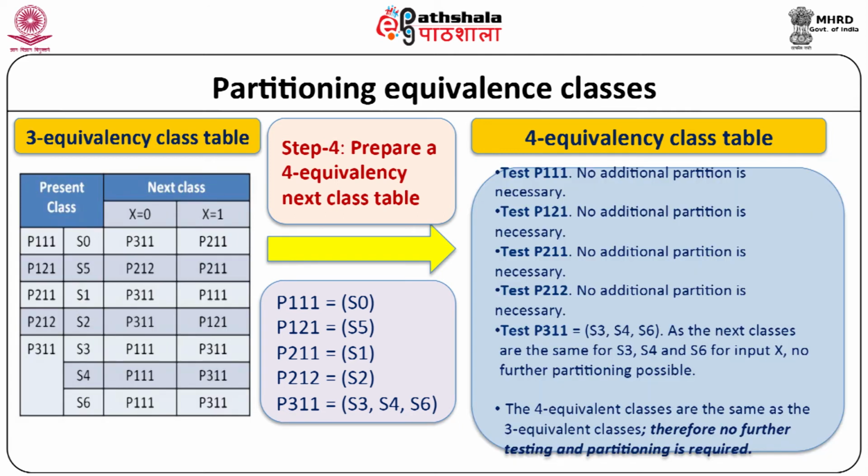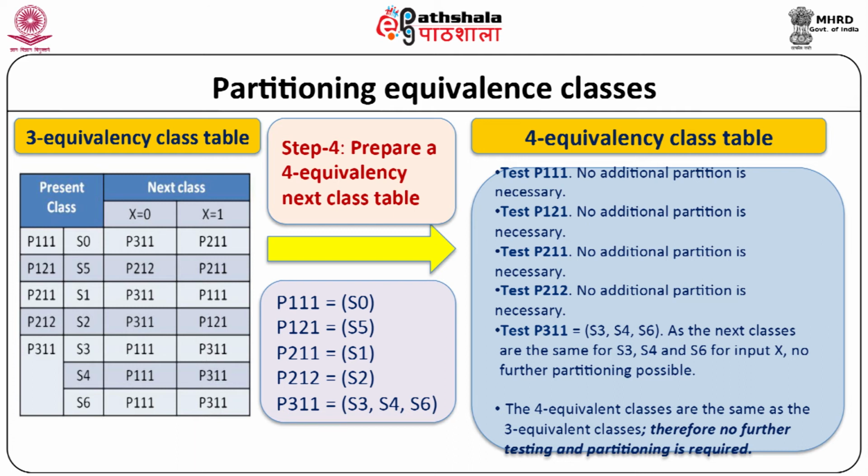Step 4. Prepare 4 equivalency next class table. The next partition will determine 4 equivalency, that is an input sequence of 4. Test each state within the partition classes found in step 3.